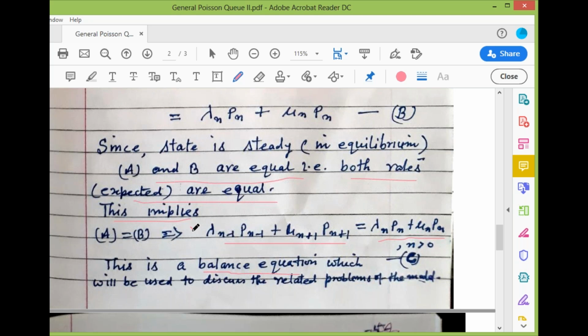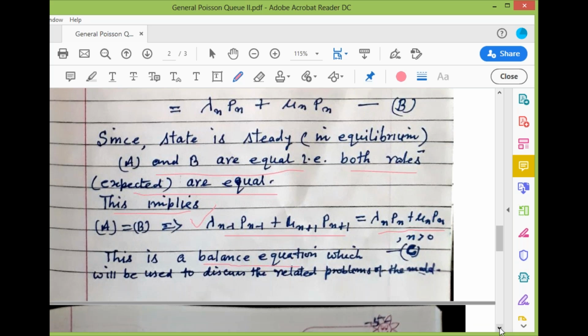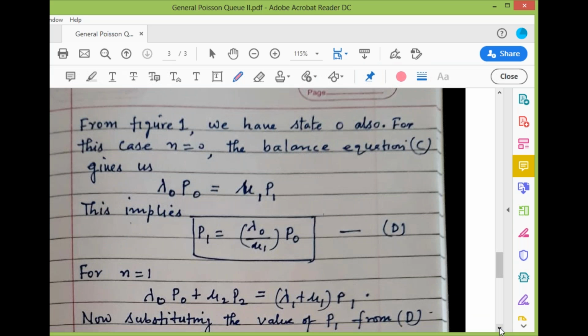This is a balance equation. And this will be used to discuss the problem further. Okay, after getting this balance equation, I hope you may have got this idea that inflow and outflow, they are the expected inflow, expected outflow. Outflow is also customer, inflow is also customer.